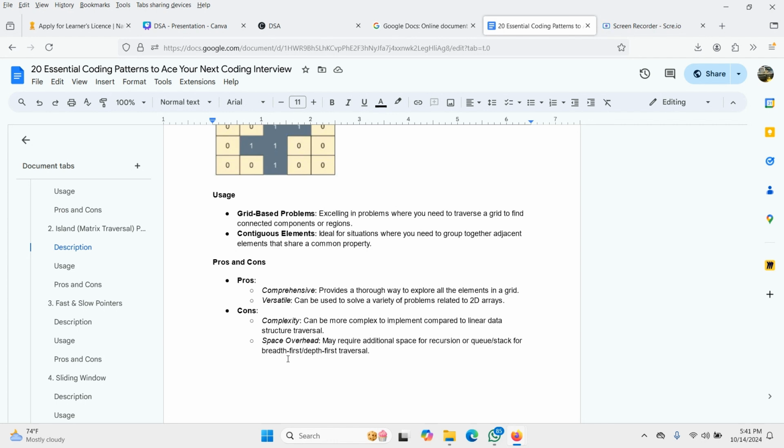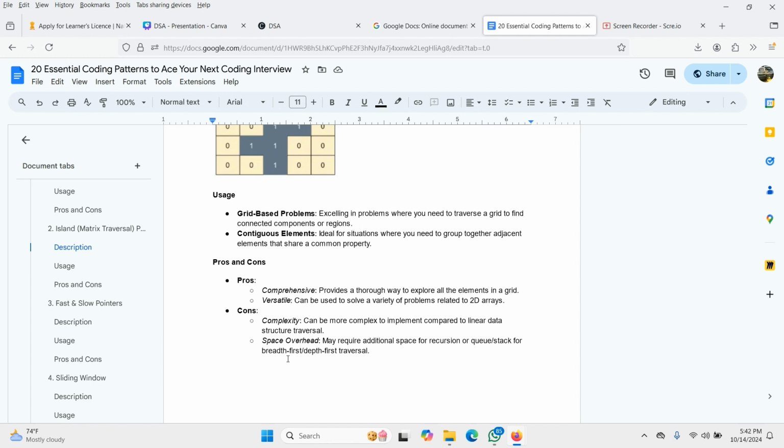Next, what are the cons? It can be more complex because we need to traverse through the whole grid. It will be more complex because we have to traverse through rows and columns. Next, it requires additional space for the recursion, queue, or stack for breadth first search and depth first search traversal.